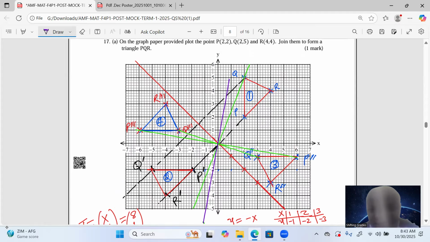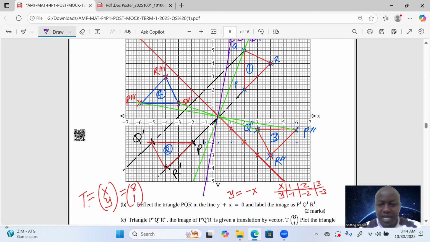And from what I can see, the bisectors are not the same. We have bisector 1 here, and this is now bisector 2. So they are different bisectors, meaning that what we are dealing with is not a reflection. So for reflection, that's an X. We are not dealing with reflection.